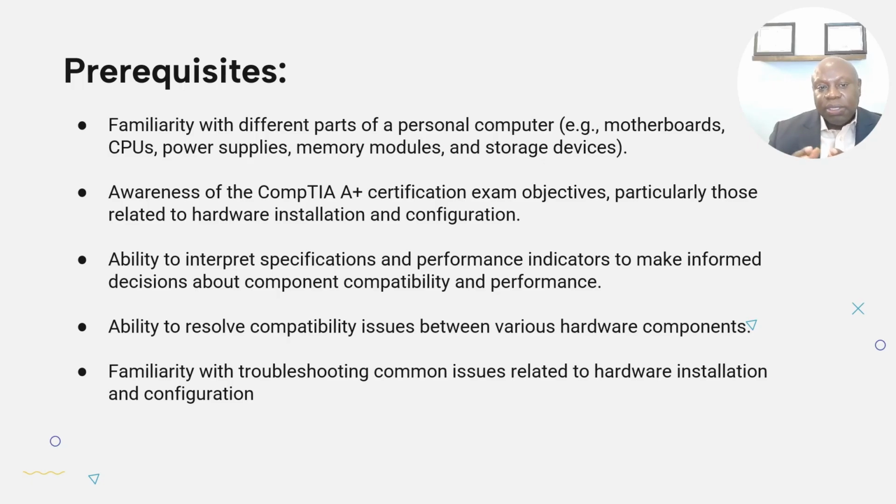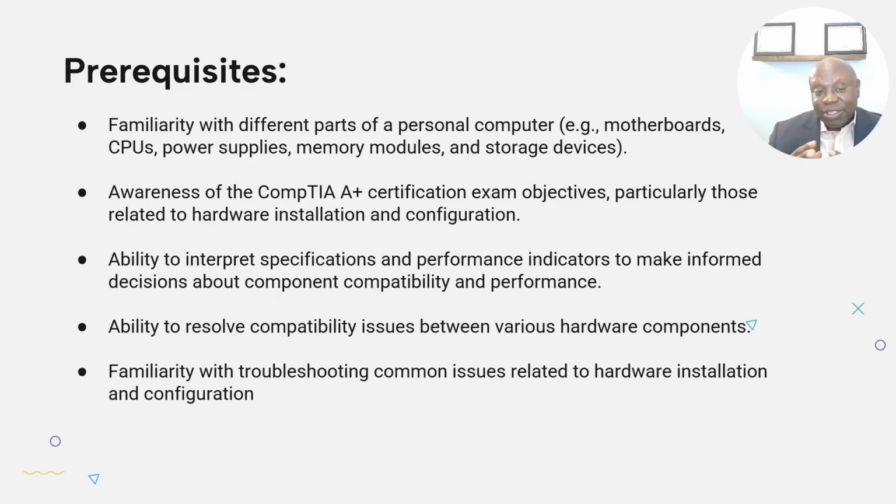You also need awareness of the CompTIA certification exam and the objectives, particularly those related to hardware installations and configurations. You need the ability to interpret specifications and performance indicators to make informed decisions about component compatibility and performance.